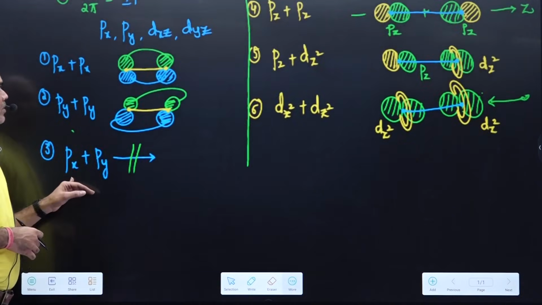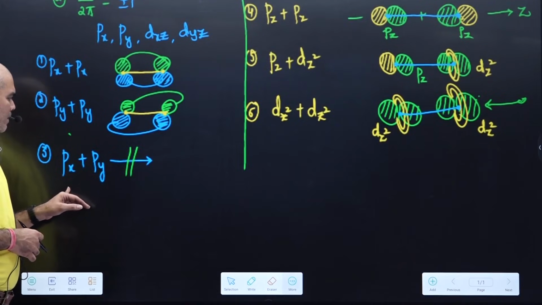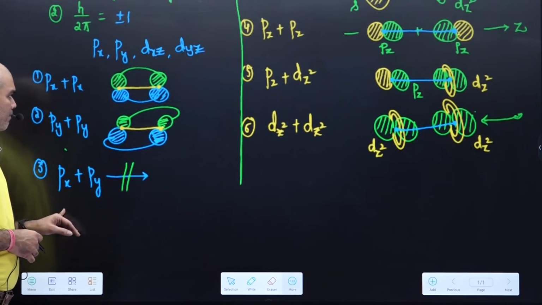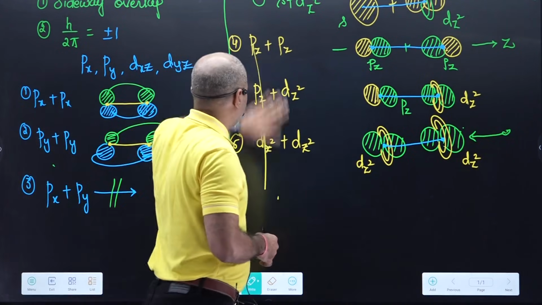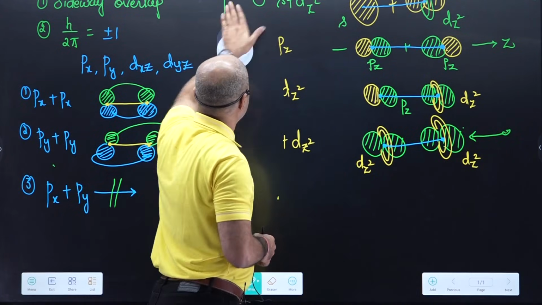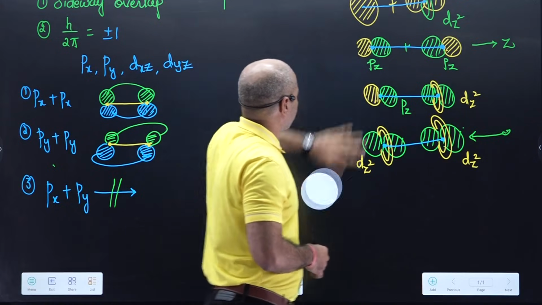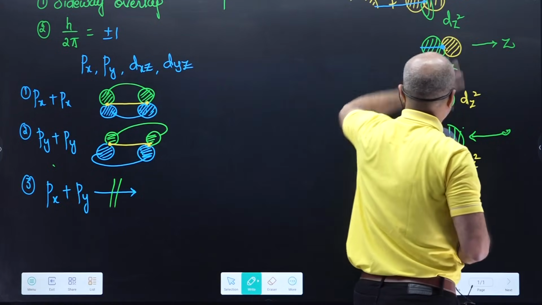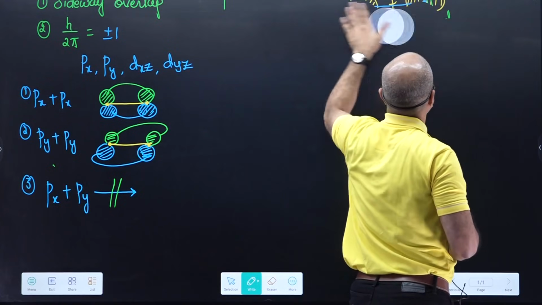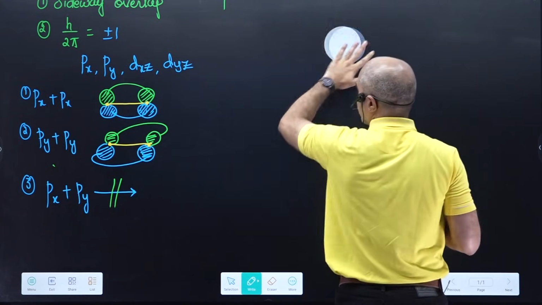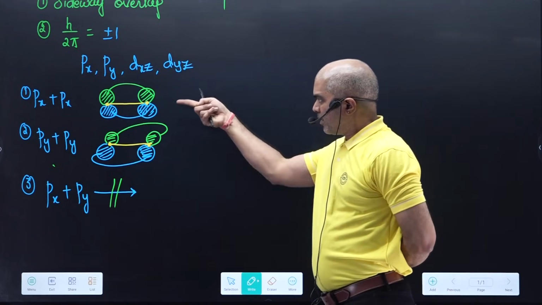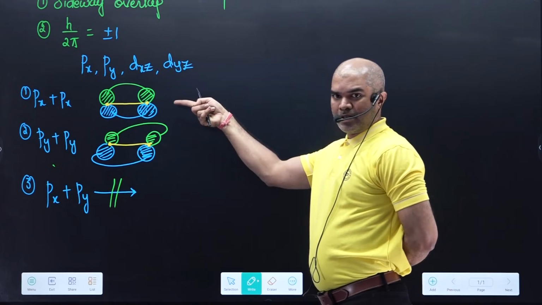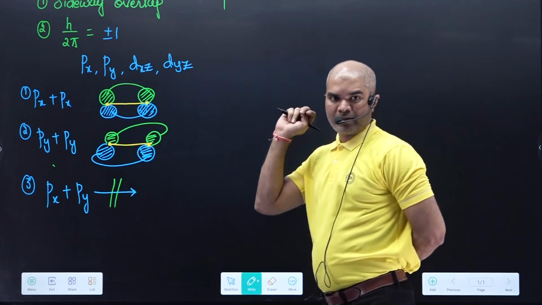Px plus Py will not give. Look from the side and try to rotate by 360 degrees.